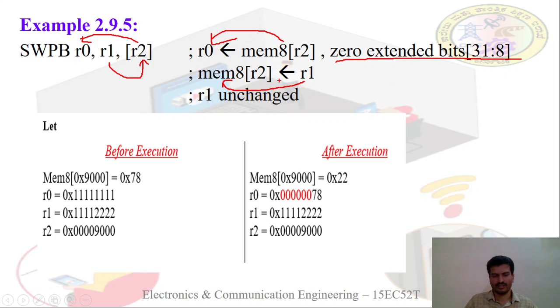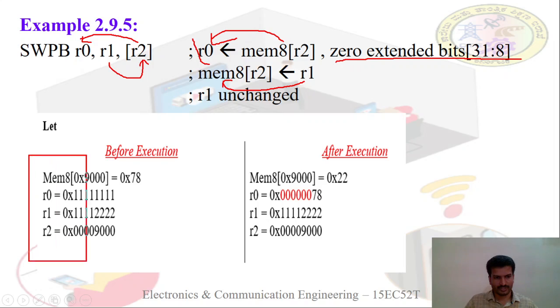We have studied this during the LDRB instruction also, load byte. Load byte means only 1 byte of data is transferred from memory to register, but the register is normally 32 bits wide, so the remaining 3 bytes will be zero appended. The same thing will happen here.